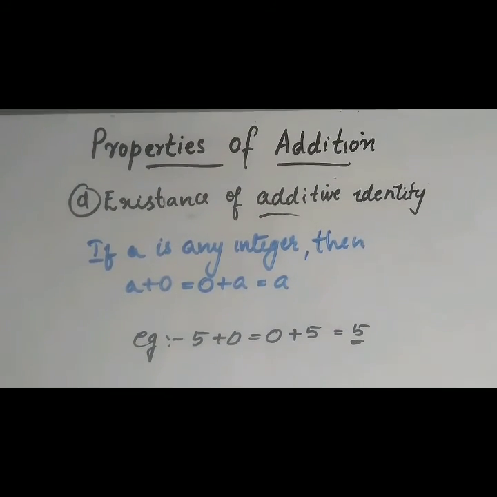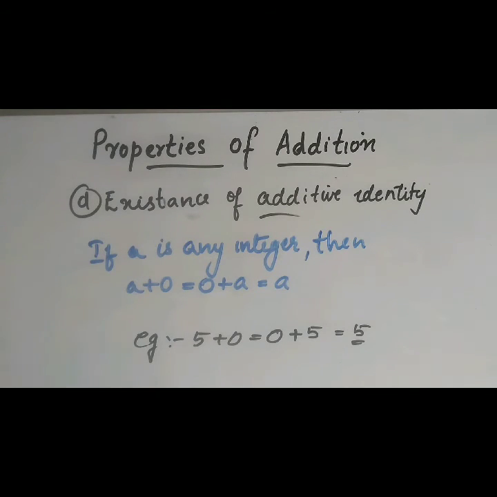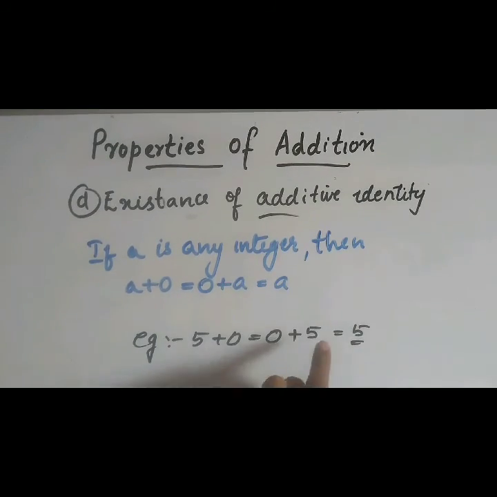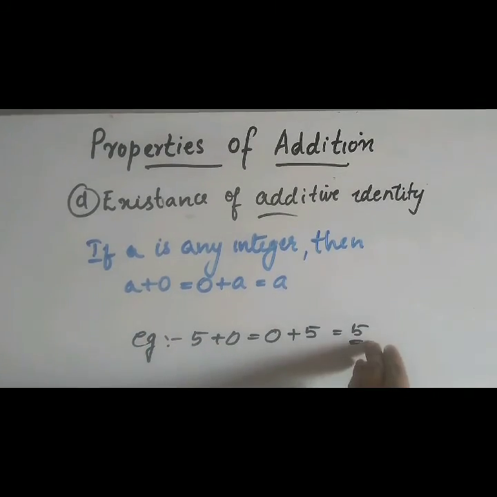If a is any integer, then a plus 0 is equal to 0 plus a, which is equal to a. Simply, you can say that if any integer is added with 0, the result is the same integer. For example, when you add 5 with 0, the result is 5. 0 plus 5 or 5 plus 0 gives the result 5. Any number added with 0 gives the same number.